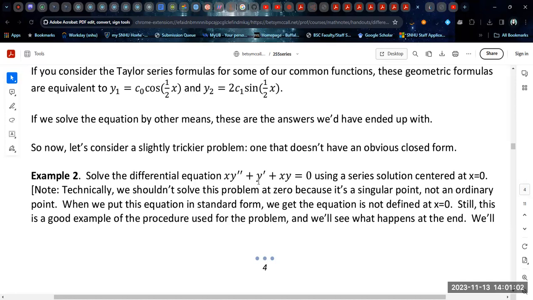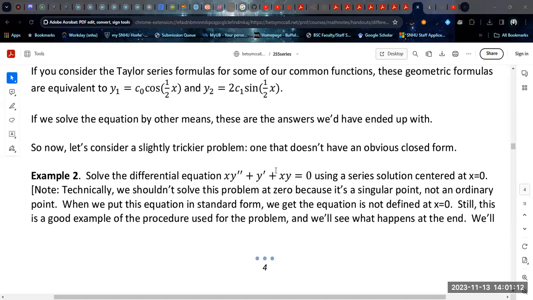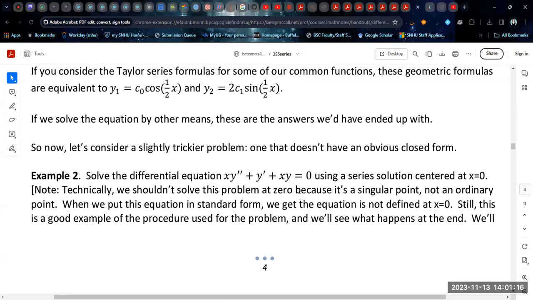But then we will solve those problems at the end in our last example, where we'll talk about a technique we can use when we are dealing with a singular point like this with our series solutions. But we're going to start by just using the same process that we did before and see what kind of impact these x's have on our process.